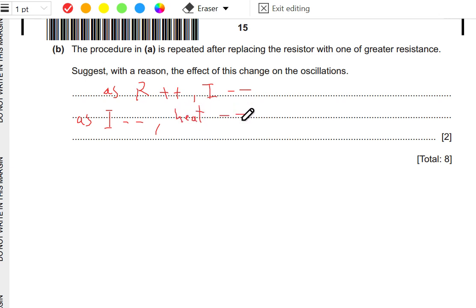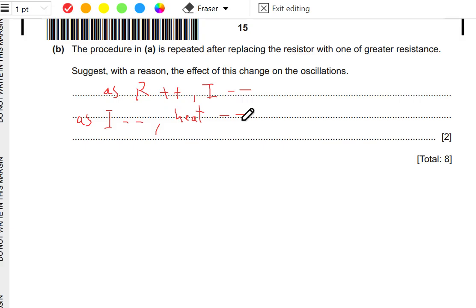Okay, remember, power energy loss is equal to I squared R. R decreases and R increases, we cannot predict by this formula.